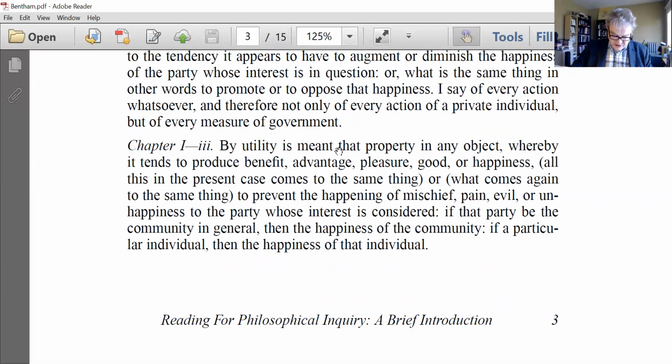So by utility is meant that property, that characteristic or feature in any object whereby it tends to produce benefit, advantage, pleasure, good, or happiness, or to prevent the happening of mischief, pain, evil, or unhappiness to the party whose interest is considered.